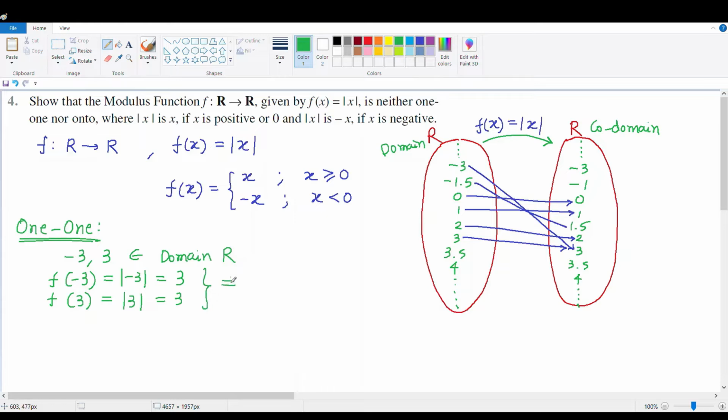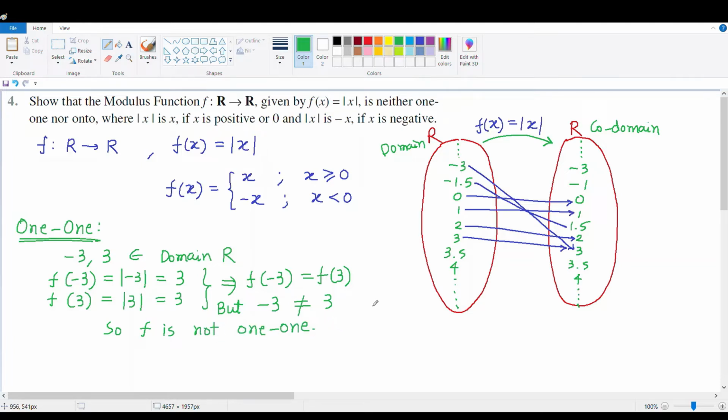Now from these two we can see that f of negative 3 is equal to f of 3, but negative 3 is not equal to 3. This input is not equal to this input, still we got the same output. So when two different inputs get the same output, then that function is not 1-1 function. So f is not 1-1.